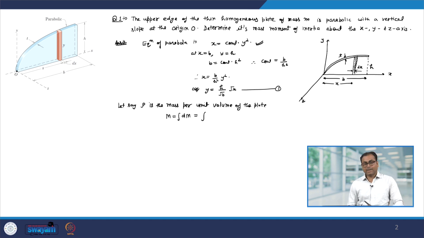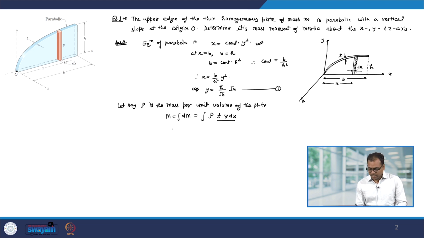If the mass per unit volume is rho, then we have to multiply this rho by the volume to get the mass. The volume of this plate will be T times y into dx, because y dx is the area and T is the thickness. So, you multiply this to get the volume and then multiply by rho to get the mass.